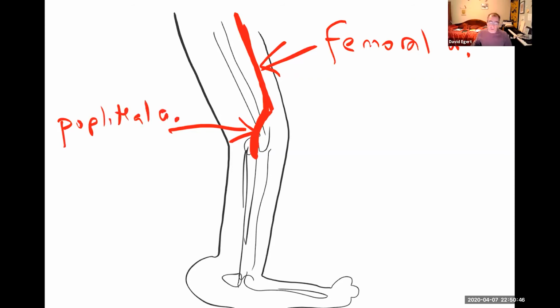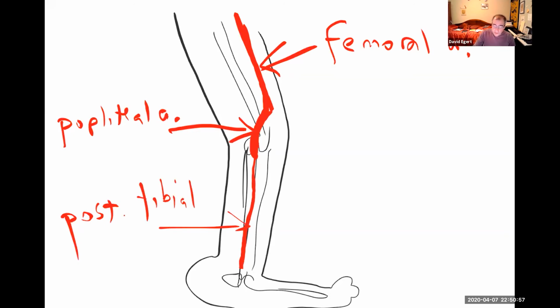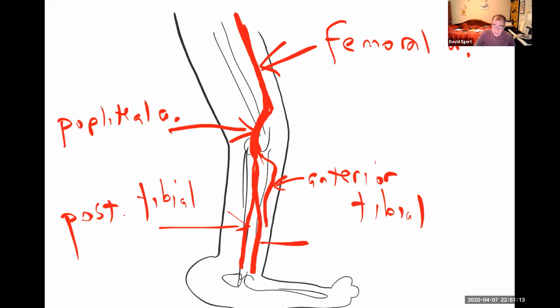It becomes the popliteal artery. And then it continues down and is the posterior tibial artery. There is a branch that comes to the front that becomes the anterior tibial as well. And there's another one that comes off the side of the posterior tibial that goes to the lateral part of the leg, which is going to be the fibular artery.